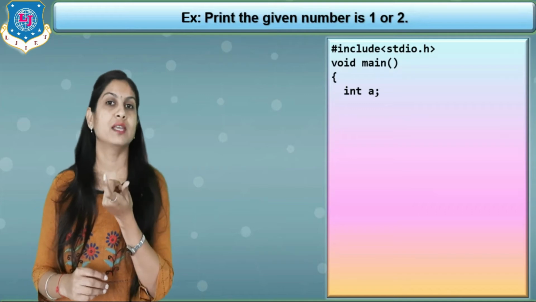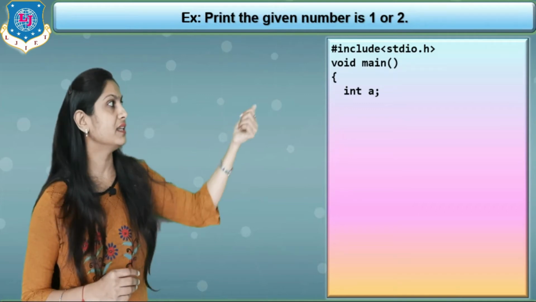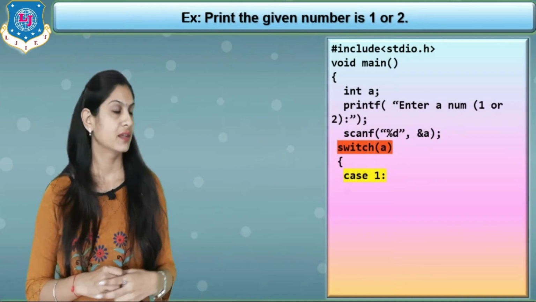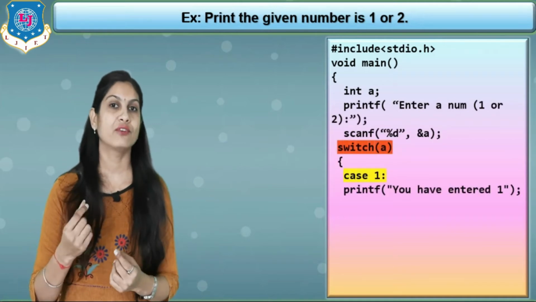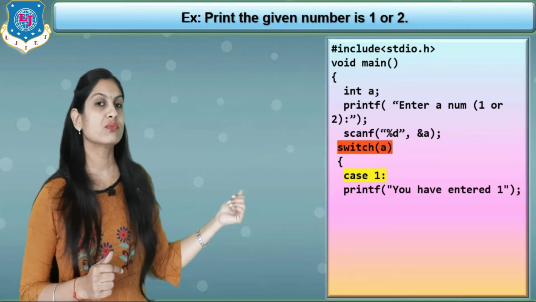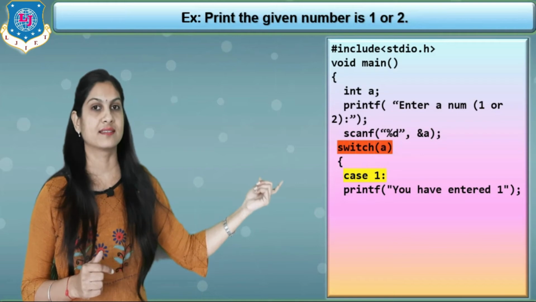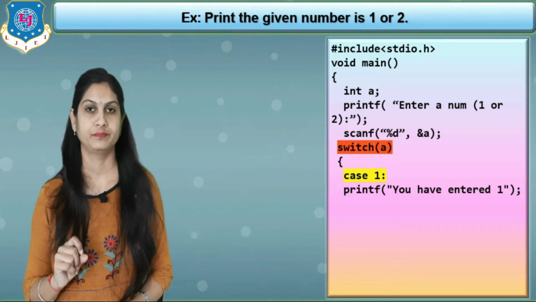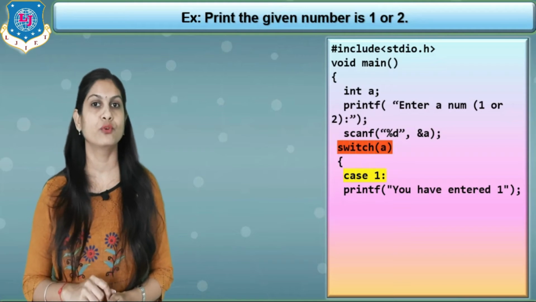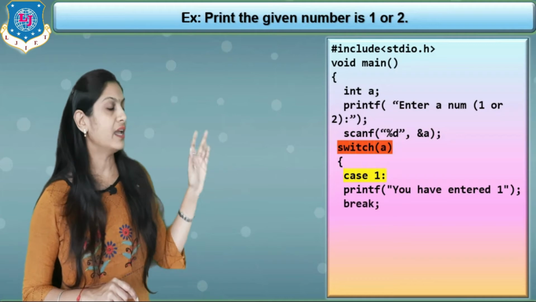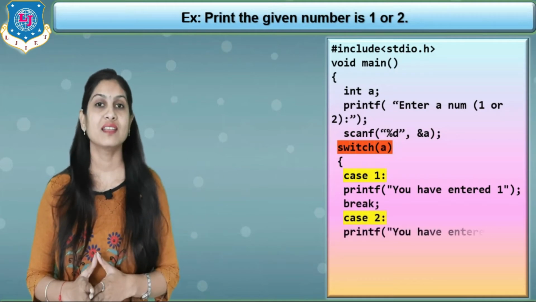So first the variable is taken, integer a will be passed to our switch statement, because we have to check for a variable and the case value. After switch we have to put case, and then the constant value is here 1, and after 1 we have to put colon, not a semicolon by mistake, and then the statement is what?